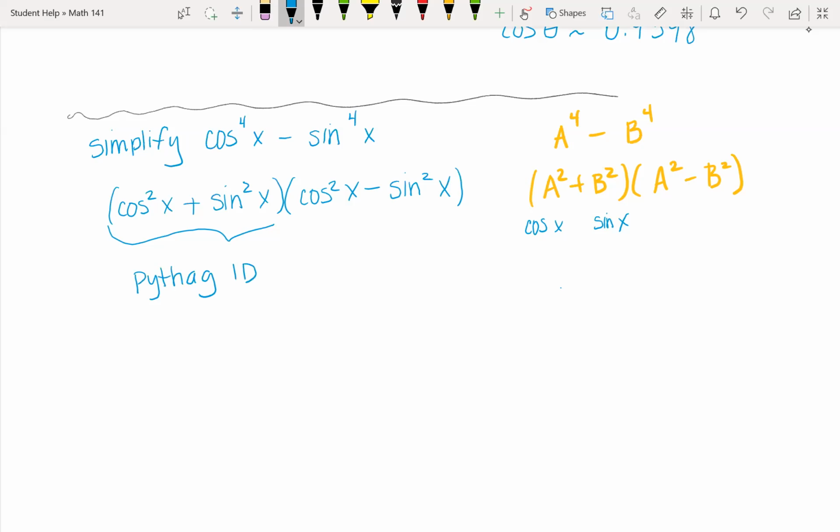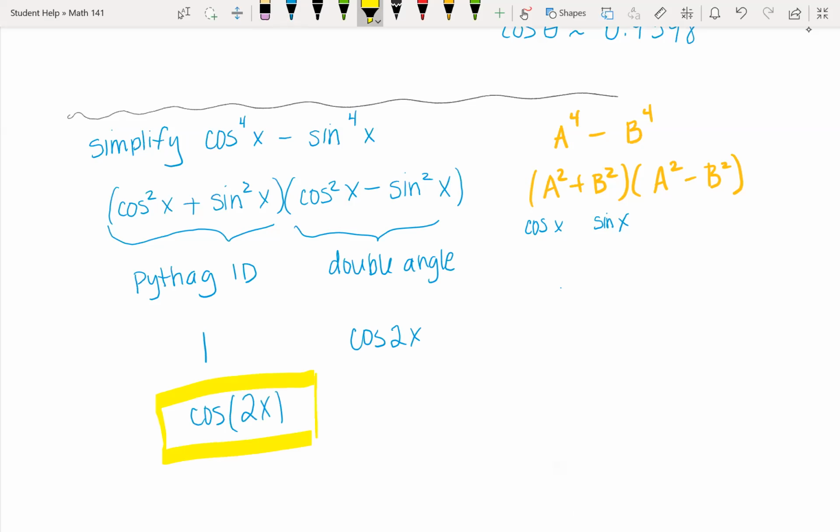This is just equal to 1. And then this is a double angle. We could factor it, but we could also recognize that it's a double angle, which is cosine of 2x. So I think in this case, we can just put cosine of 2x as our answer. That looks better than what I was going to end up with.